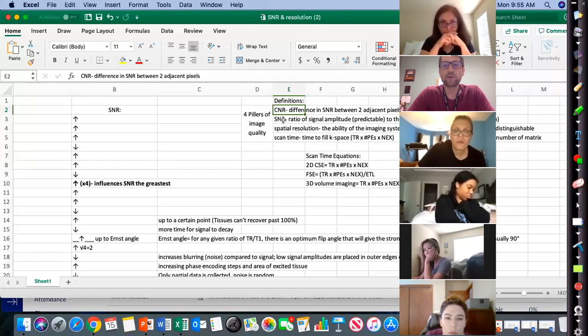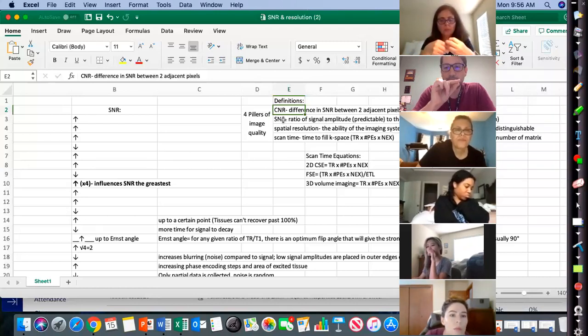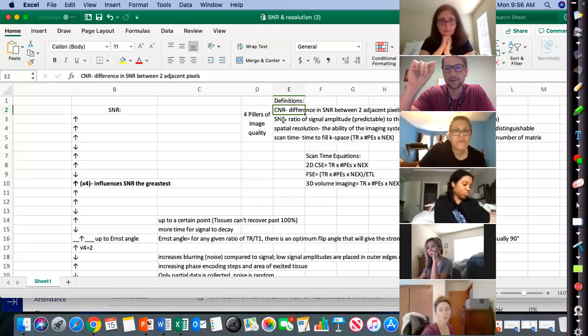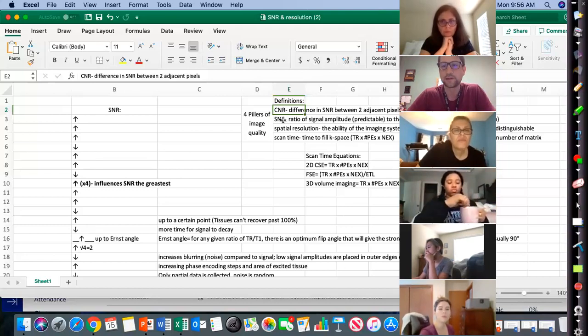Sometimes if you have what we call a blurry image, you have a bad spatial resolution. So you should be able to distinguish the outer edges of, say, the ribs or the liver or whatever structure you're trying to look at. If you have a very distinct line that outlines that structure, you have good spatial resolution. But if that line starts to blur a little bit, your resolution might be decreasing.